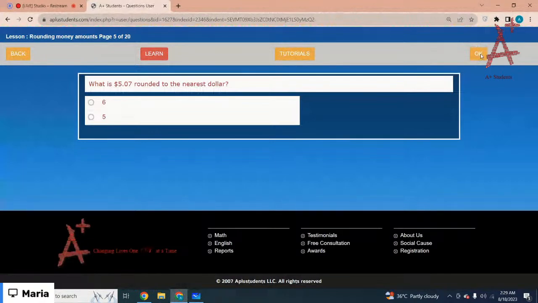Which is the correct option? The correct option is 5. Very good. 5.07 is rounded off to 5.